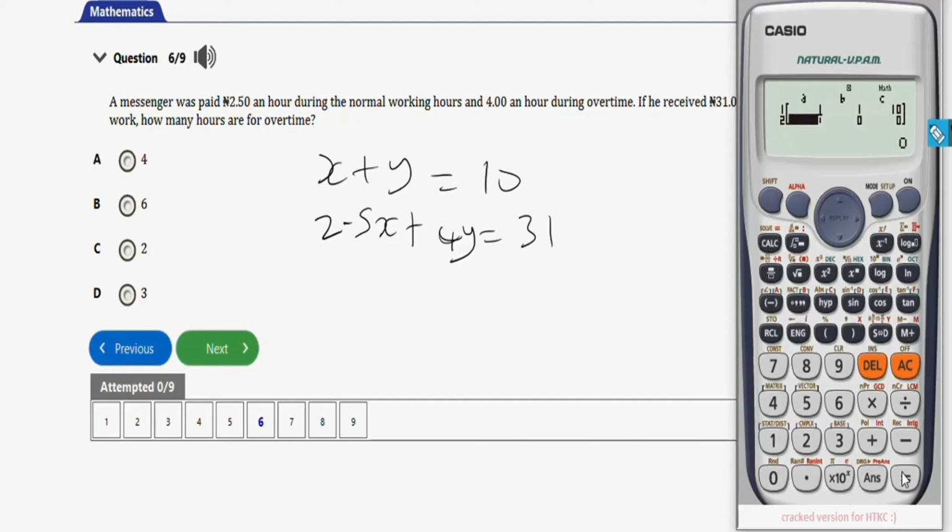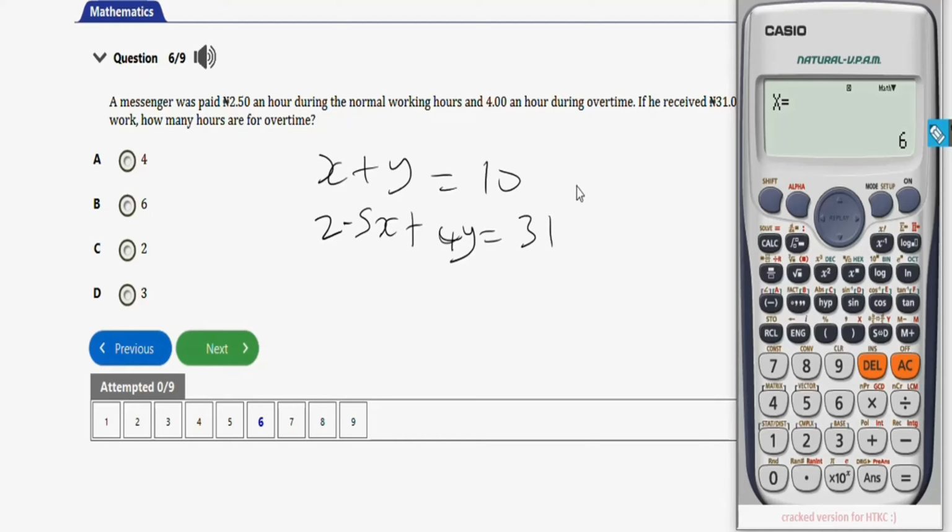Then for equation 2, we have the coefficients to be 2.5, 4, and the constant is 31. So that's it. Press equal to now to get x and y. So x is 6, where the normal working hour is represented by x and overtime is represented by y. So the normal working hours that give these 10 hours is 6 hours.